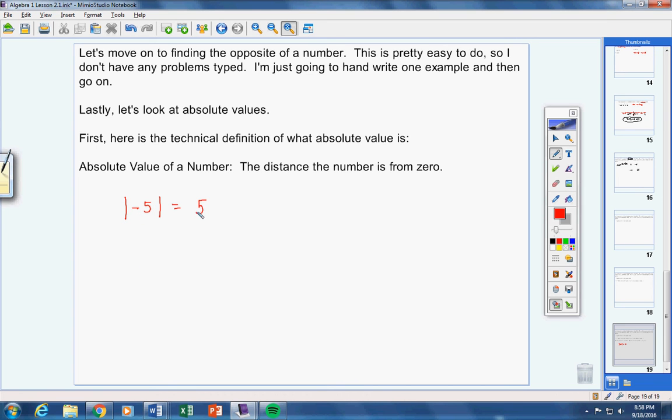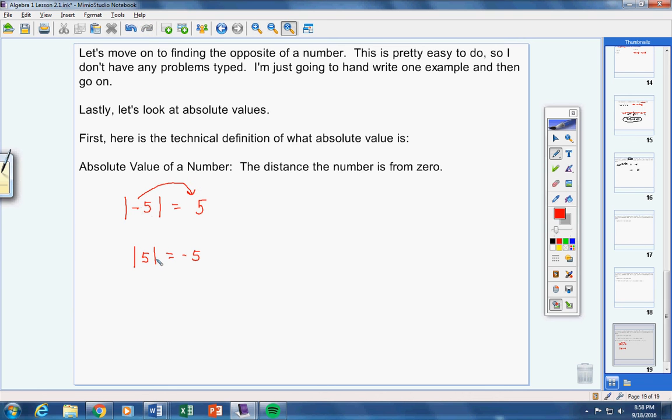It's that easy. Now, here's where a lot of students mess up. They think the absolute value of 5 is -5, and they're getting confused. They're thinking of the opposite of a number. When I tell you to find the opposite of a number, you always change the sign. Always, period. But the absolute value of a number is make it positive, like I did here. It was negative, and I made it positive.